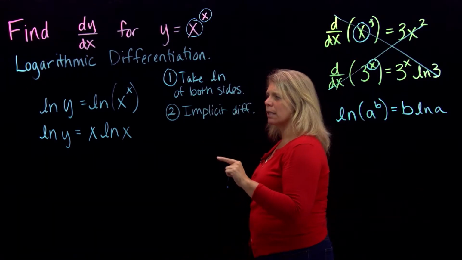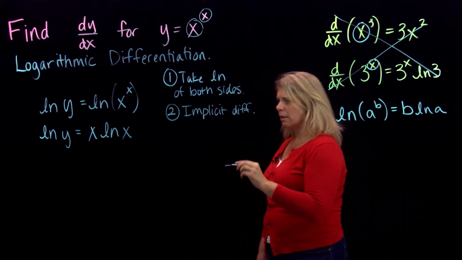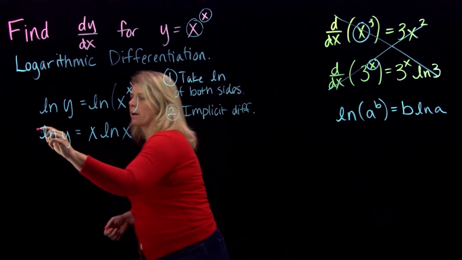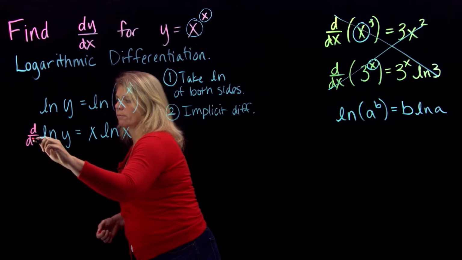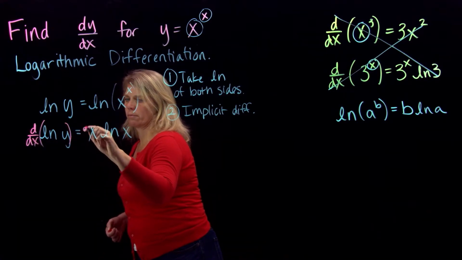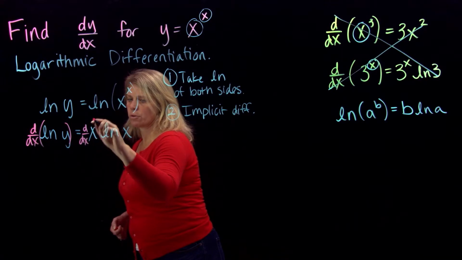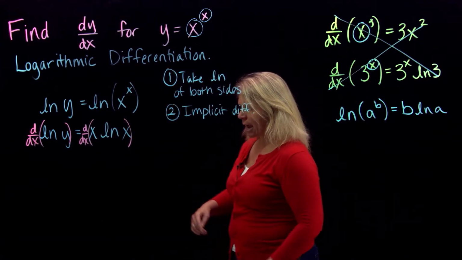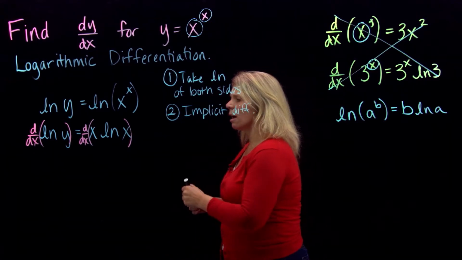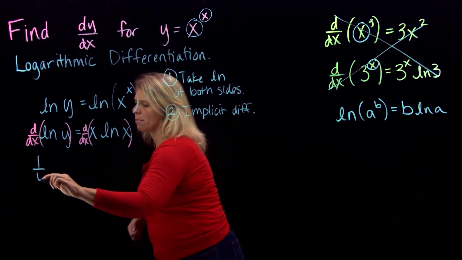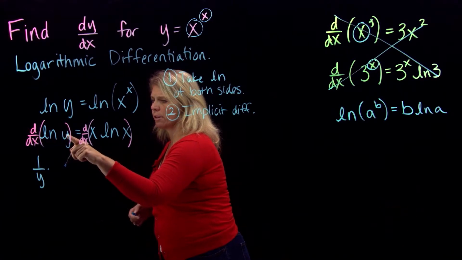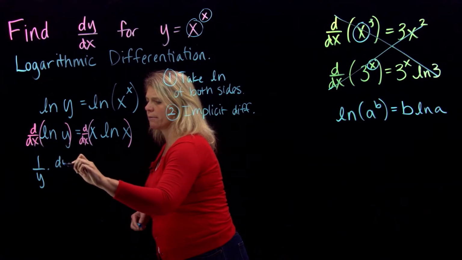We've been using implicit differentiation for a little while now. So we differentiate both sides of the equation with respect to x, treating y as a function of x. On the left side, the derivative of natural log of something is 1 over that something times the derivative of what's inside the logarithm. I'm differentiating with respect to x, so I'll have times dy dx.